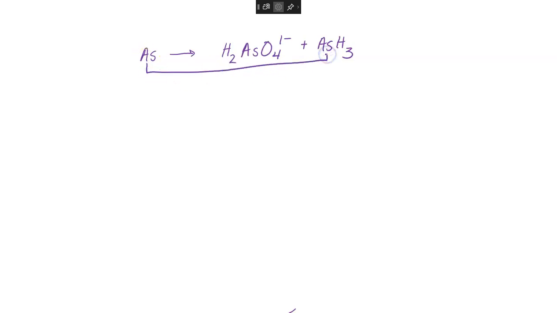Arsenic. Let's check its oxidation states. It's 0 here, +1, -2. What is it in this one?